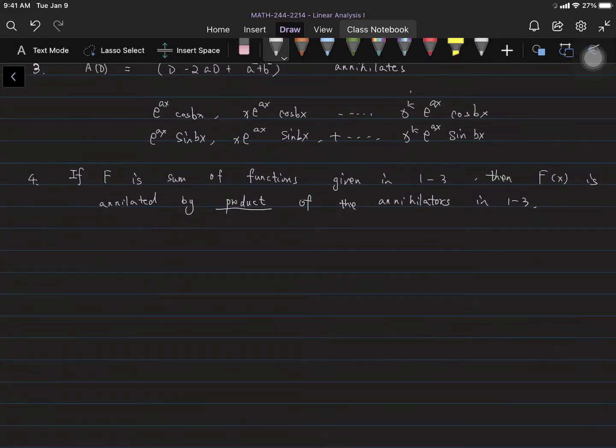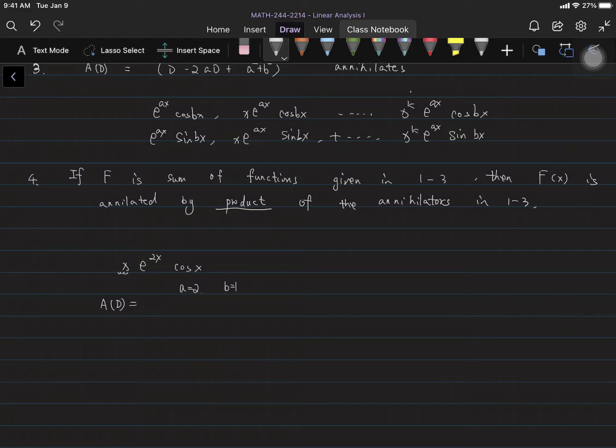It looks complicated, but after we do more exercises, it's not difficult at all. Okay, so let's take a look at this one. If we have x e to the 2x cosine x, how do we find the AD? Firstly, we need to tell what a is and what b is. So a should be 2 and b equals 1.